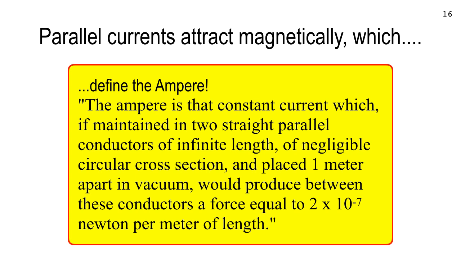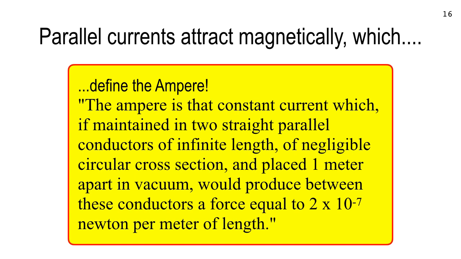Here's the definition of the ampere. The ampere is that constant current which, if maintained in two straight parallel wires, now parallel, so currents go in the same direction, you're going to attract, conductors of infinite length of negligible circular cross-section and placed 1 meter apart in a vacuum, would produce between these conductors a force equal to 2 times 10 to the minus 7 newtons per meter of length.